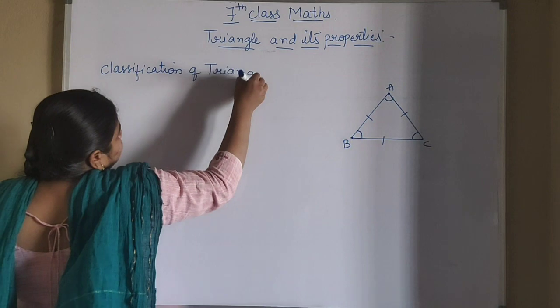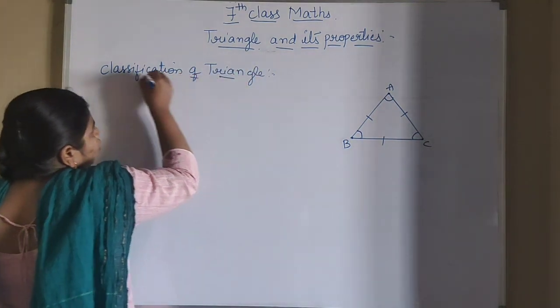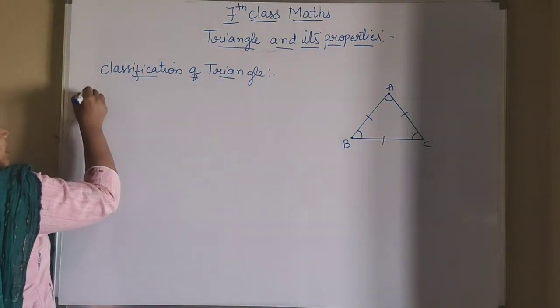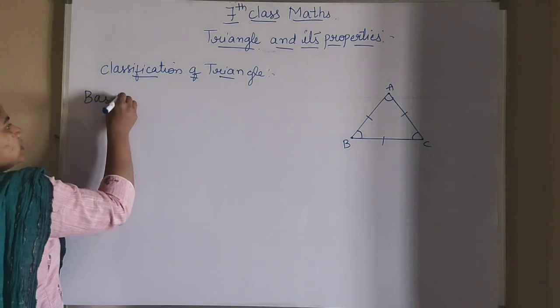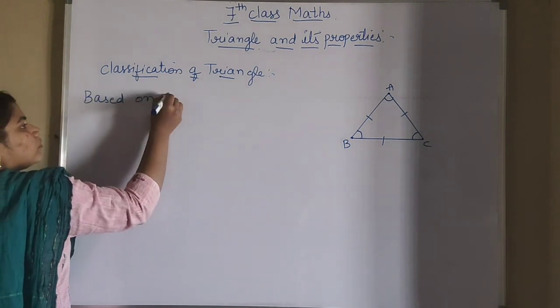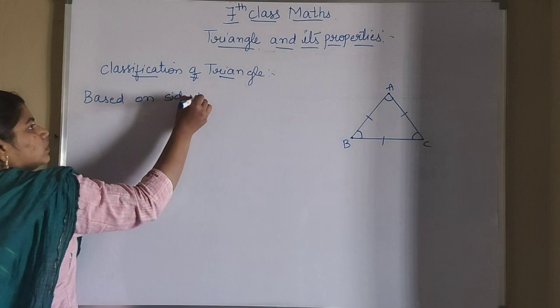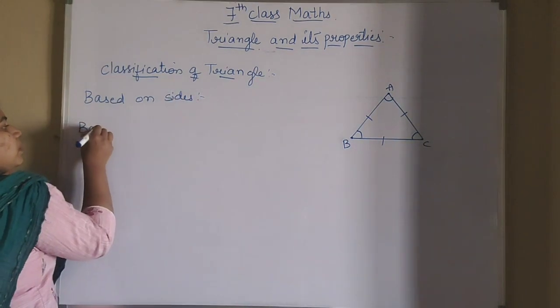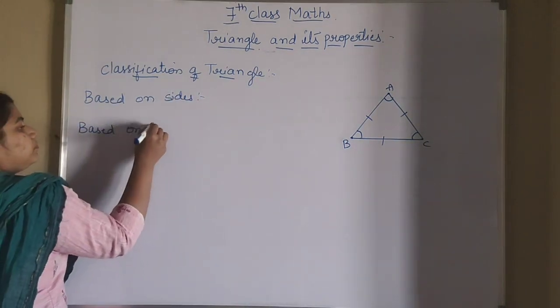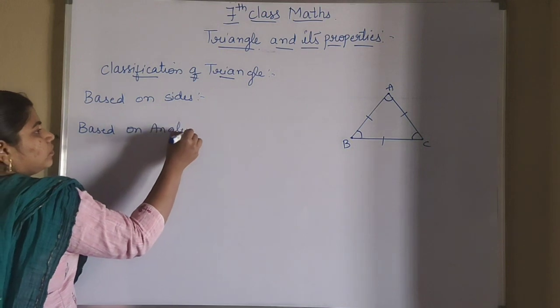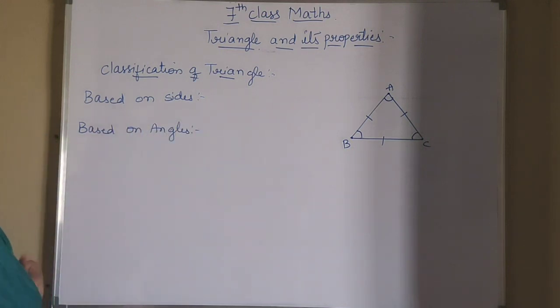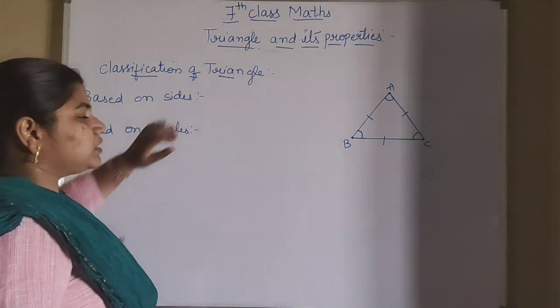This classification of triangles is based on two types, that is based on sides and based on angles. And which type of triangles are based on sides we will see.